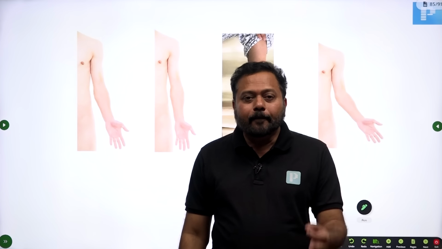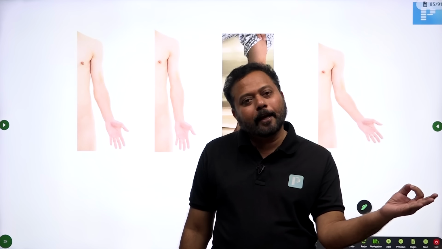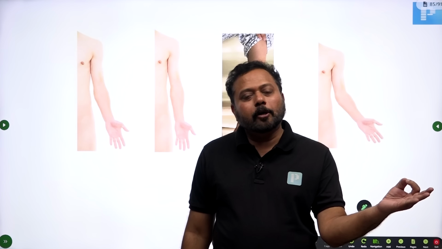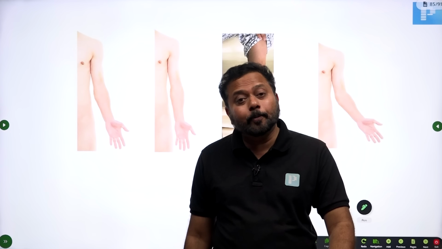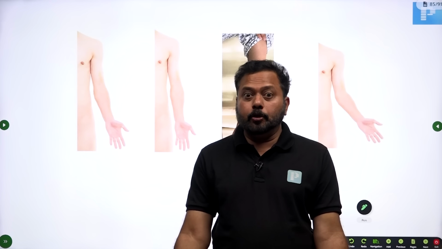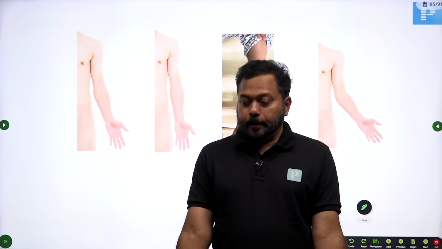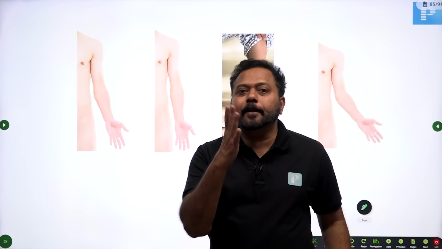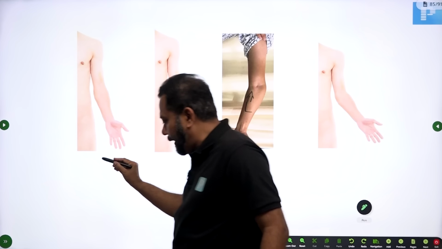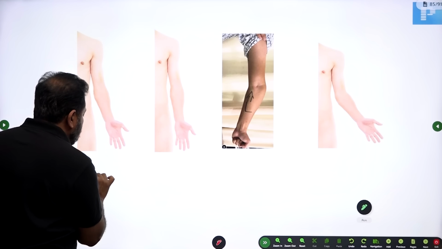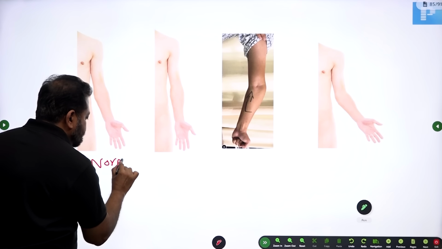This is normal. When the carrying angle is increased to more than 20 degrees, that's called cubitus valgus. When the carrying angle is less than 10 degrees, that is called cubitus varus. When the carrying angle is 0, not increased and not decreased, straight, that's called cubitus rectus. You see this diagram. This is the normal elbow.